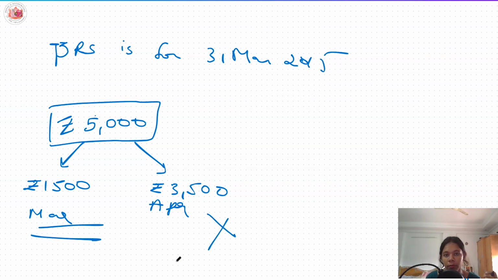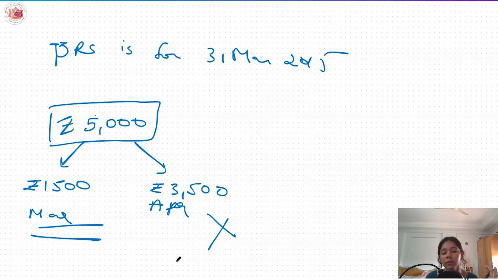In my cash book I recorded in the month of March that I have received checks worth rupees 5,000. So I have recorded the entire 5,000 rupees in my cash book. But what happened in my passbook? In my passbook, only the check worth rupees 1,500 got credited. Only that amount got encashed.